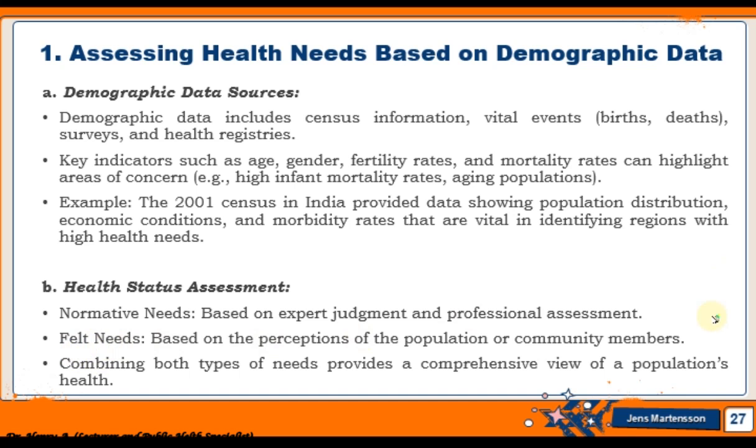The normative needs are based on expert judgment and professional assessment, while that of the felt needs is based on the perception of the population or the members in that community. So combining both types of need provides a comprehensive view of a population's health.